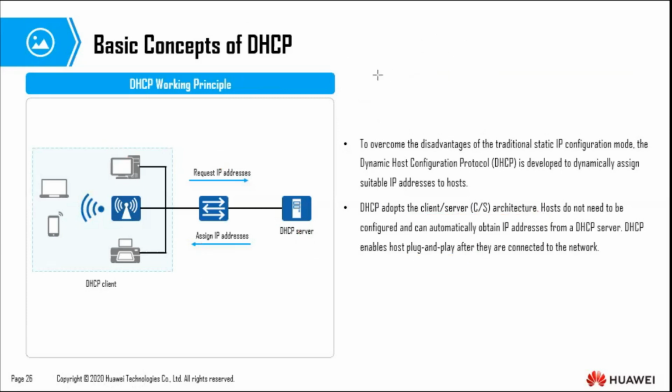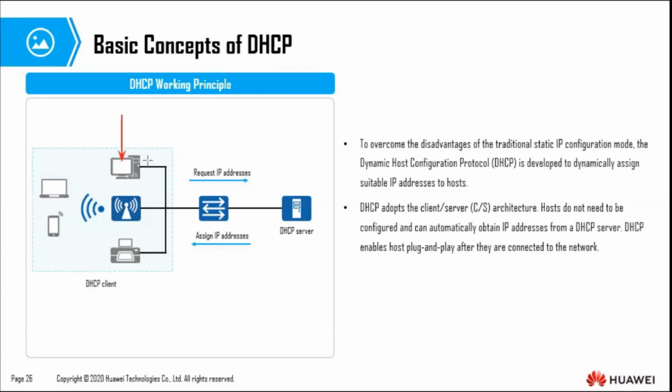What gratuitous ARP is this. If we are doing manual configuration of IP addresses, so we configure this guy with an IP address 192.168.1.2. Now, before this guy starts using that IP address, it's going to send out a gratuitous ARP.